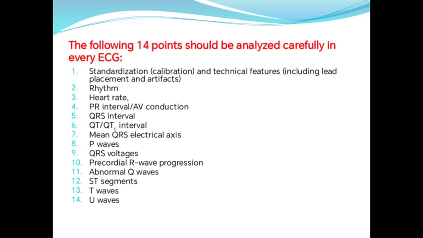Then we have to analyze the rhythm, number two, the heart rate, and the PR interval, and AV conduction. That means every P is followed by the QRS complex, and then the QRS interval, the QT interval, the corrected QT interval, the mean axis of the QRS, the P wave itself, the QRS voltage, the precordial R wave progression, the abnormal Q wave, the ST segment, the T wave, and lastly the U wave.